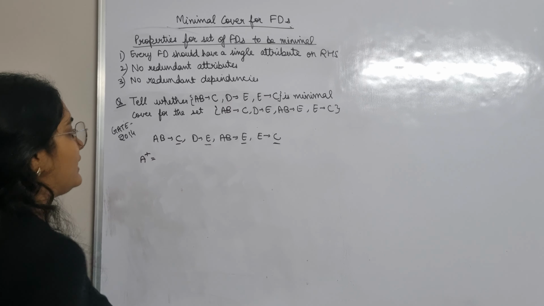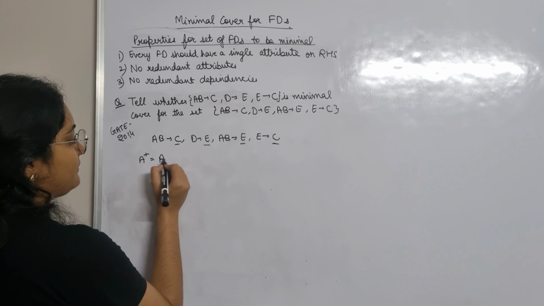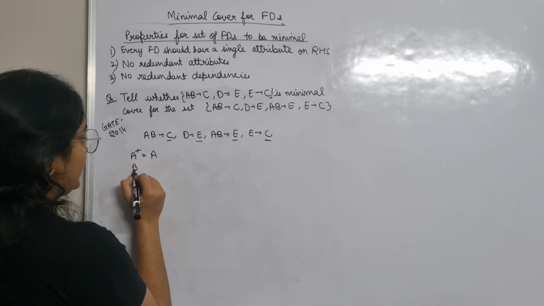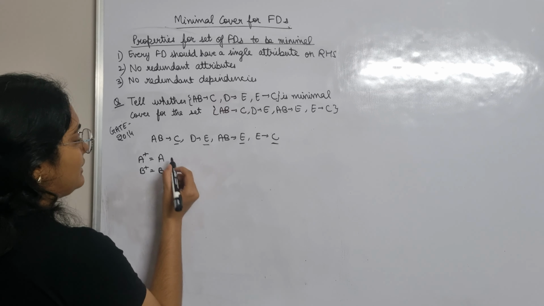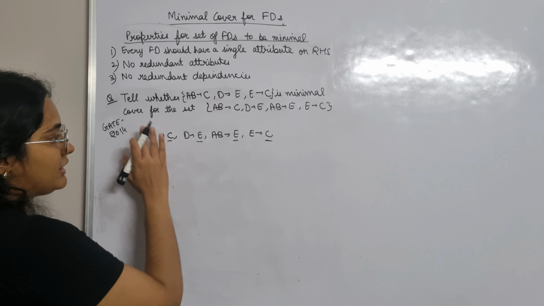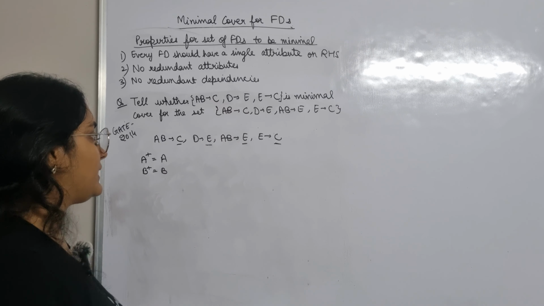What is the closure of A? A determines A. Anything else? No. Now what is the closure of B? If we remove A, what can be determined? Nothing. So none of these are redundant in this functional dependency.